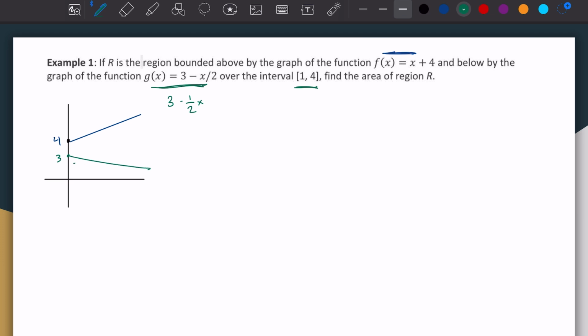And then it is also just the interval of 1 to 4, which is going to be from here to here, and we are just finding whatever is right there in the middle.